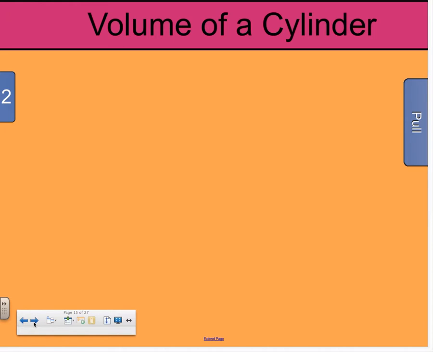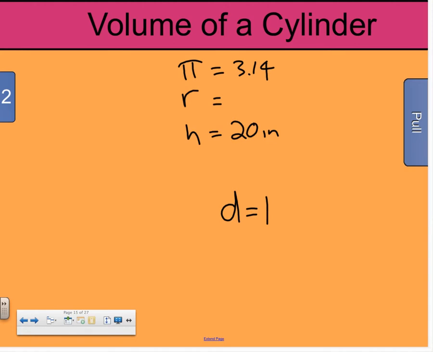Now, this is an example. The next example, example 2, is what I alluded to earlier, and that is sometimes they give you the diameter. So now they're telling us we have a cylinder with a height of 20, and this time it's inches. So that's good. We don't know the radius. We know that pi is still 3.14, but they do tell us that the diameter equals 16.